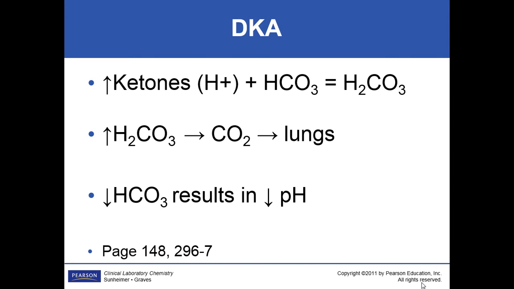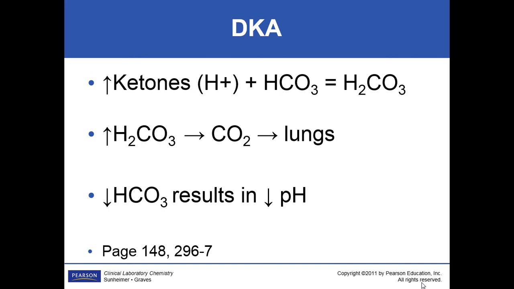So that reduces the bicarb. That's a renal entity. That's the beginning of your problem. Well, it's not really, but the beginning of the acidosis problem. Then this carbonic acid, it's going to break down to, do you know what this will make?